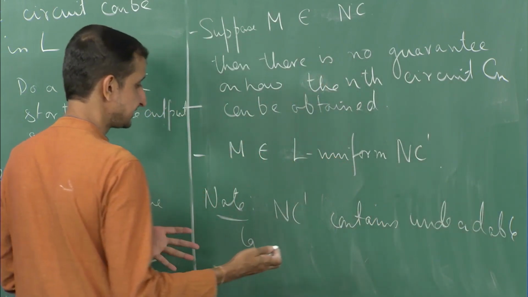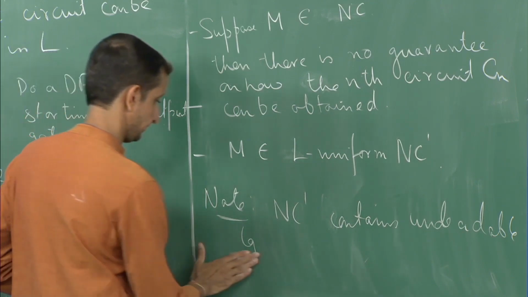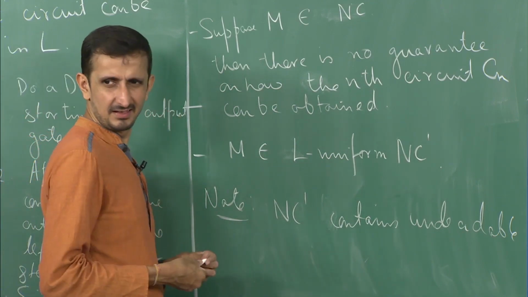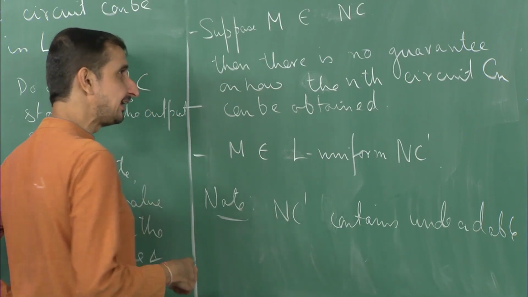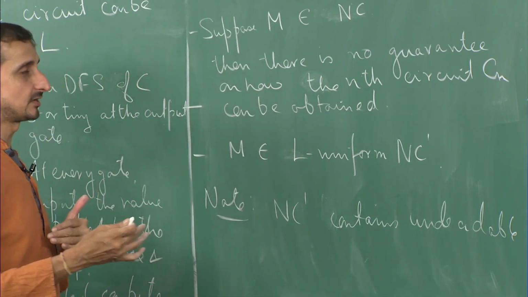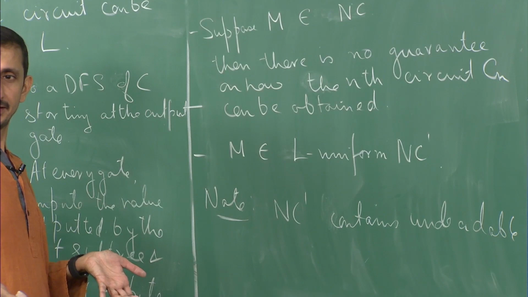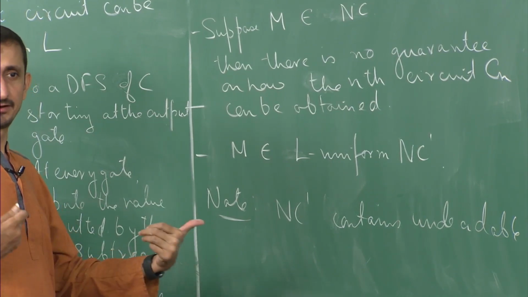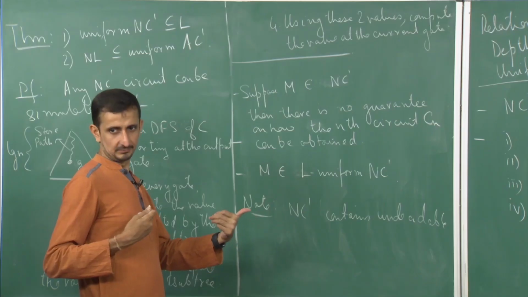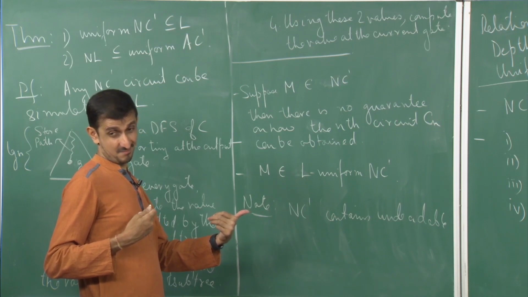In fact, not just NC1, but any non-uniform class where you have to look at the entire input. So, for example, NC0 will not work, in NC0 you can't even look at the entire input. Yeah, but still it can have undecidable languages.